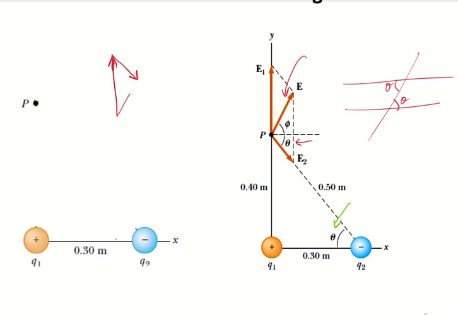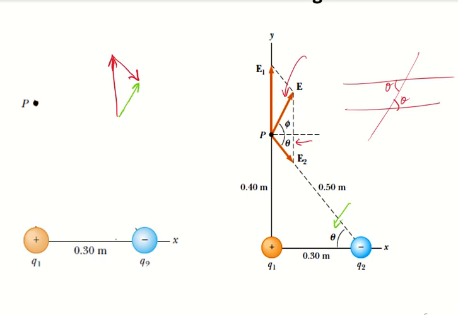I show you this green one. You use the head to tail rule: you connect the tail of the first vector to the head of the last vector, and this gives you the final vector.